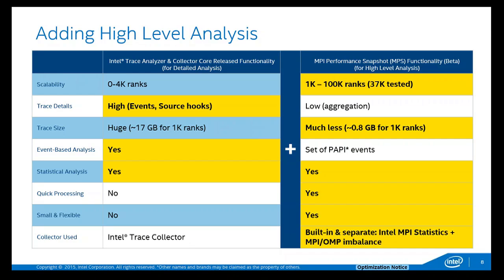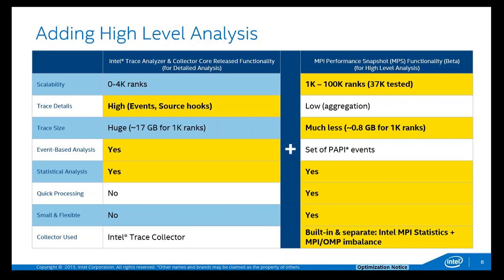You can see an example here: for about 1,000 ranks, it was already over 17 gigabytes of data. So looking at all of that is potentially confusing. It does gather event-based analysis, which means that it's not just lightweight statistics, right?